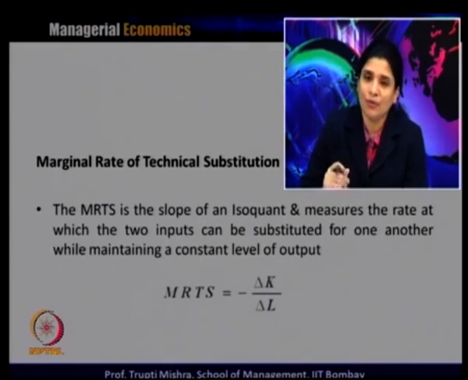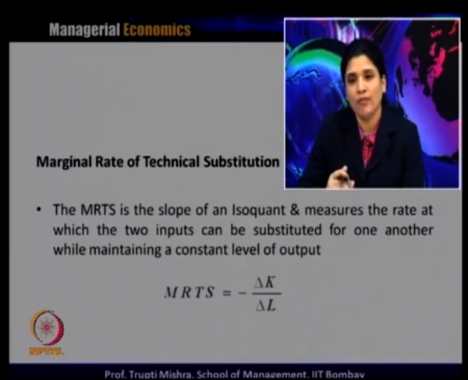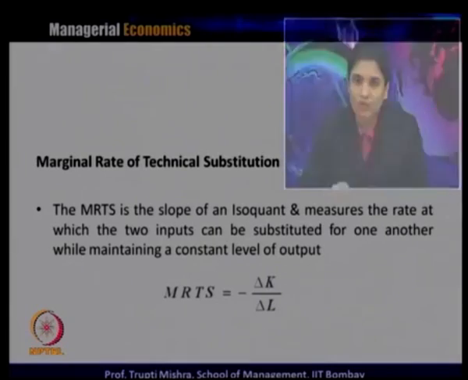Because whenever we increase the amount of one input, we have to reduce the amount of the other input. If you look at the graph now, how do we find the marginal rate of technical substitution? That is from the slope of the isoquant.